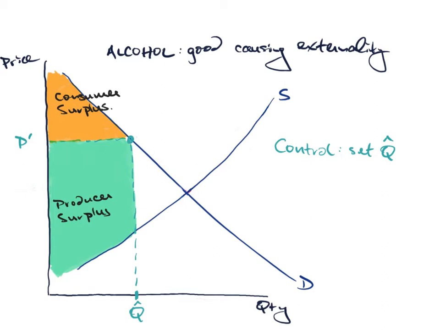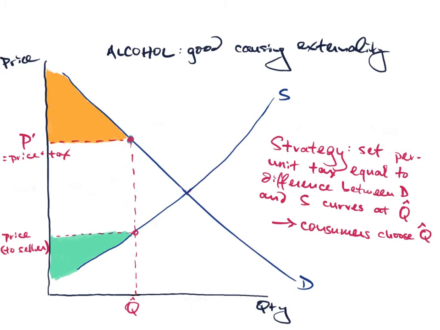Imagine your stereotype of rich drug dealers. They get rich from the higher price. That's why this blue area is so big. Now compare that with the strategy of taxing. Consumer surplus is everything below the demand curve down to the price that consumers pay.